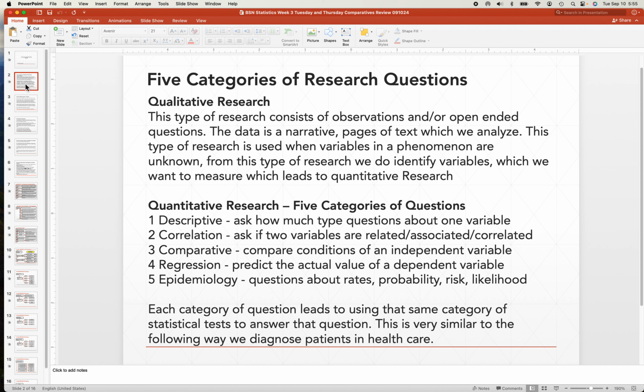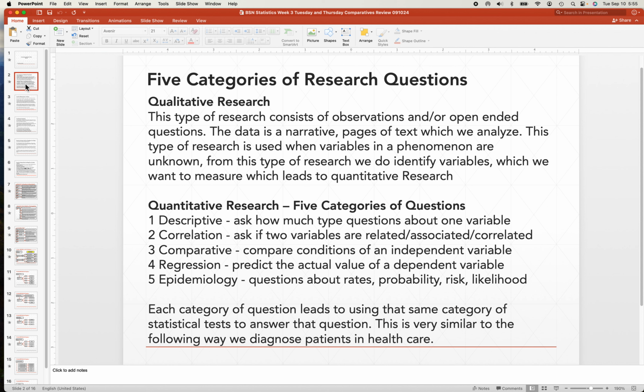We often in research or even in practice find things that we think somehow go together. It's almost like we notice a coincidence. And when we do that in practice in a natural setting, we can use a correlation study. A correlation study basically asks if 2 variables are related, associated, or correlated. And you can tell a correlation type question simply because it's going to have one of those 3 words in it.